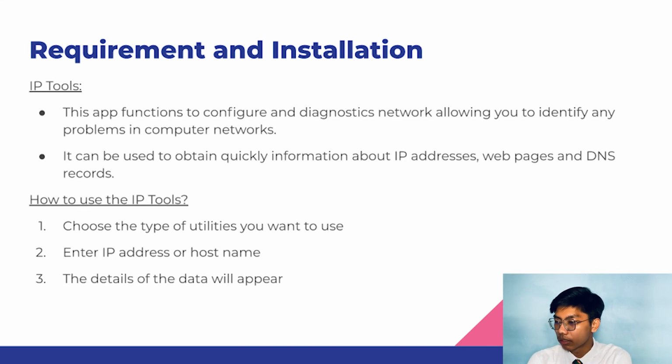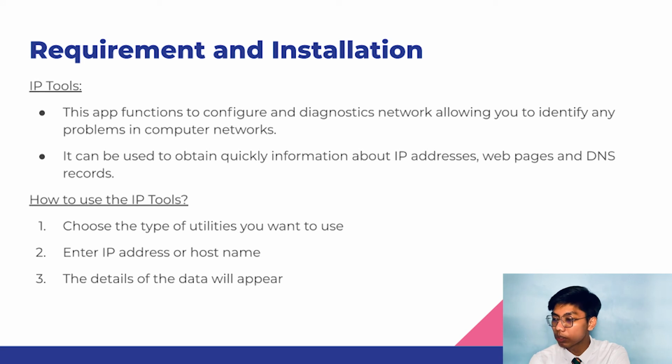Next, these IP Tools function to configure and diagnose networks, allowing you to identify any problems in computer networks. These tools can also be used to quickly obtain information about IP addresses, web pages and also DNS records. So how to use the app?